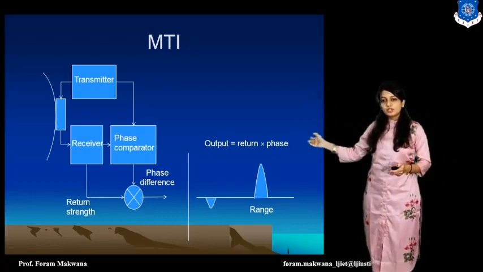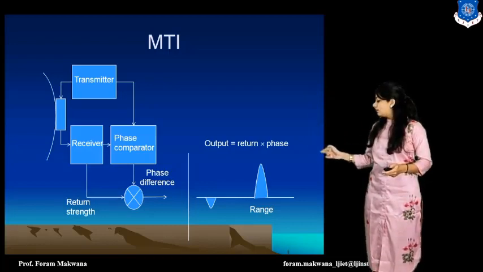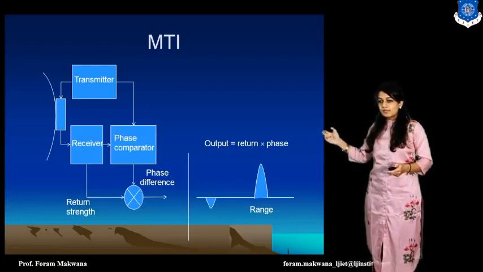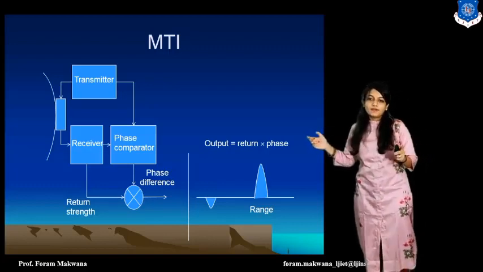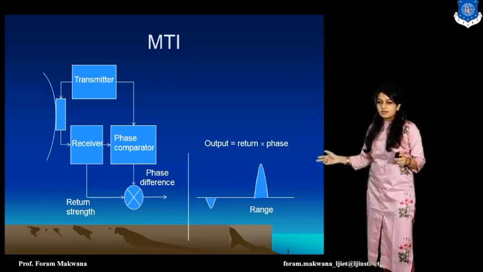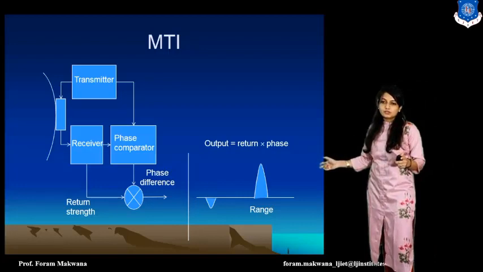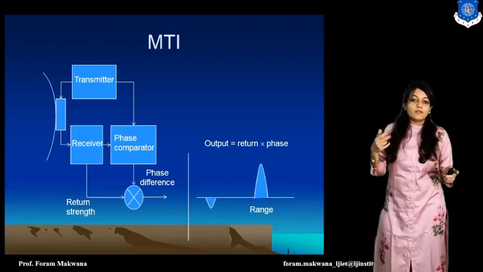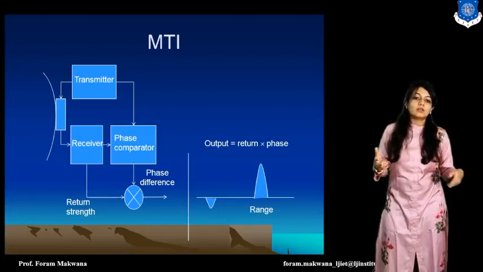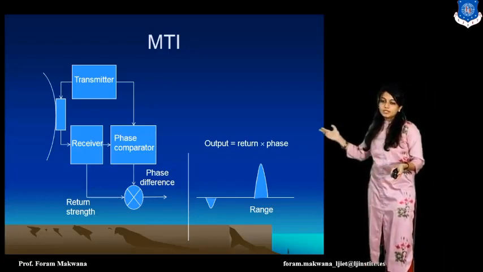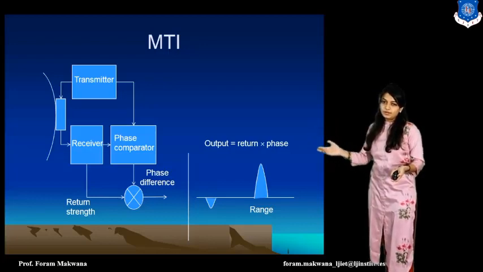At the time of reception, the duplexer will connect the switch to the receiving equipment. Alright, after receiving the echo signal, the phase comparison is done. Whatever the phase difference is, it is going to be applied to the mixer. Alright, so identify whether there is an in-phase signal or an out-of-phase signal. So the output is equal to the phase difference.